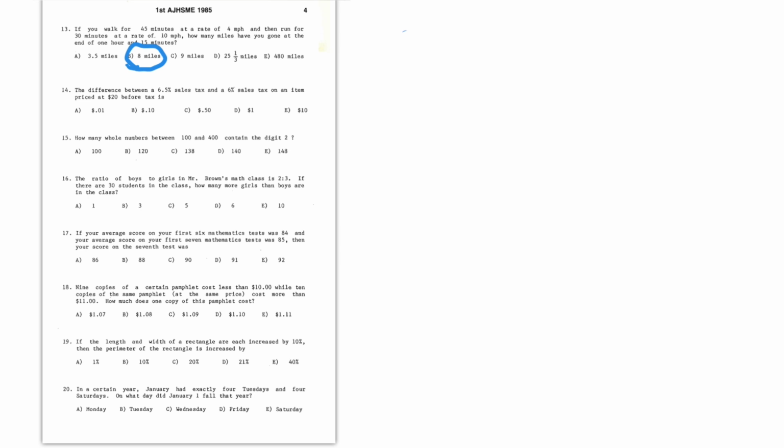Number 14. The difference between a 6.5% sales tax and a 6% tax on an item priced at $20. First, use 6.5% minus 6%. That's the tax rate difference.